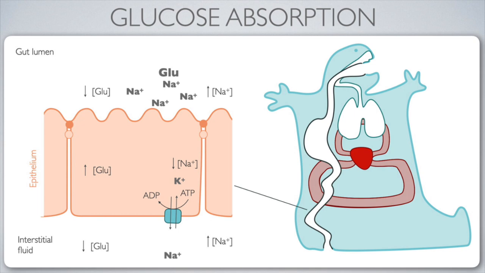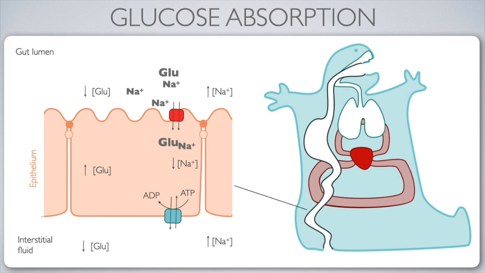Okay, how do we capture that energy? Well, on the apical surface, we have a transmembrane protein, again, that grabs onto a sodium ion, that is the source of energy, and it also binds to a glucose molecule. And once it has bound to both of those molecules, then it will capitalize on the sodium energy in order to transport the glucose against its chemical concentration difference across the membrane.